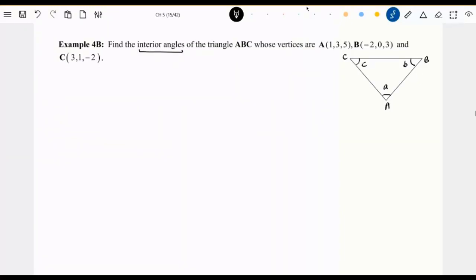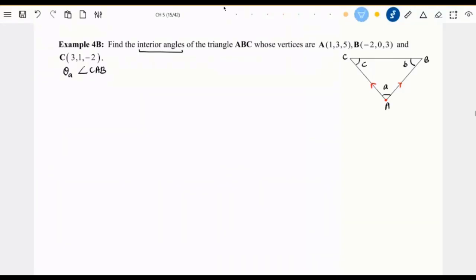Untuk cari angle, when we talk about vectors, bila kamu nak cari angle A ni, dia mesti keluar daripada satu point yang sama. It's gonna be A towards B, then A towards C. So let's say we want to find the A. Ini angle A. Angle A ni sama juga dengan CAB.